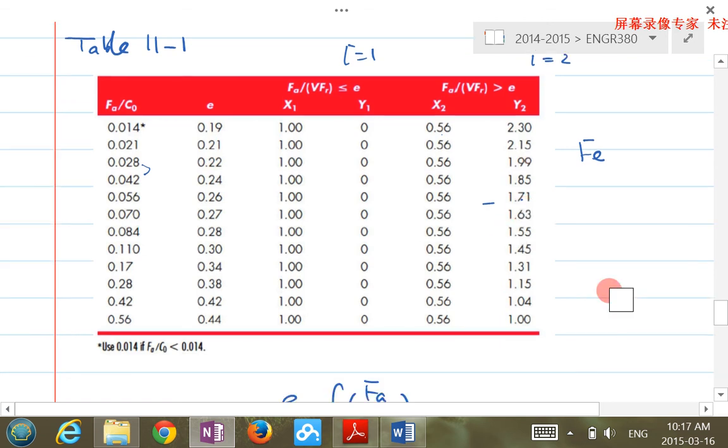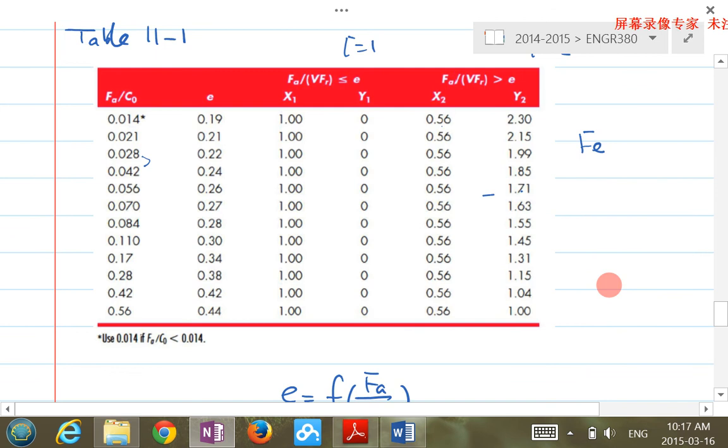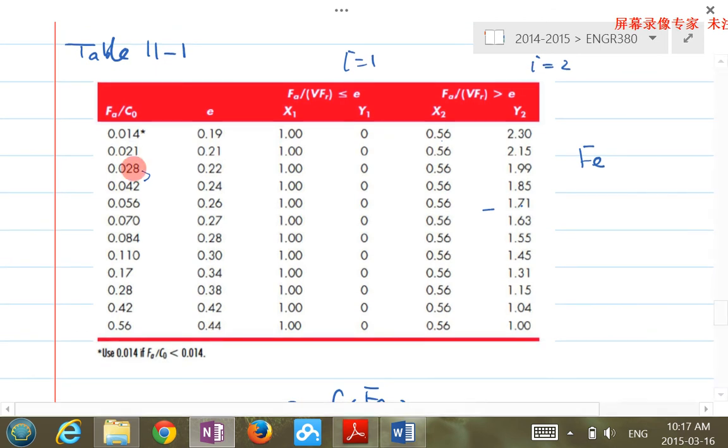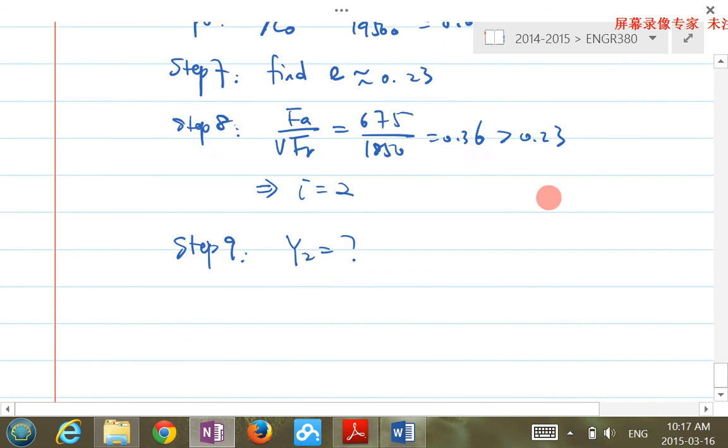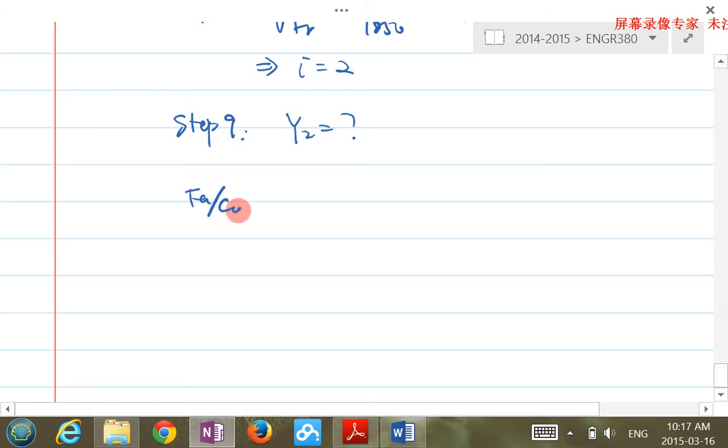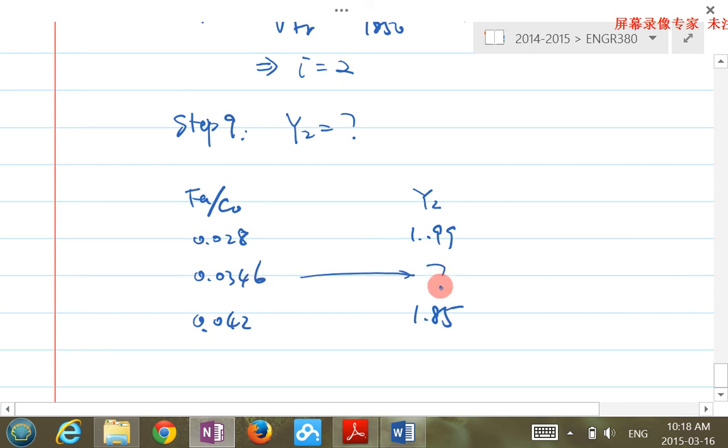Let me write it down here. FA over C naught is 0.028 from the table, 0.042 from the table, and y2 is 1.99 from the table, and 1.85, and our ratio here is 0.346.